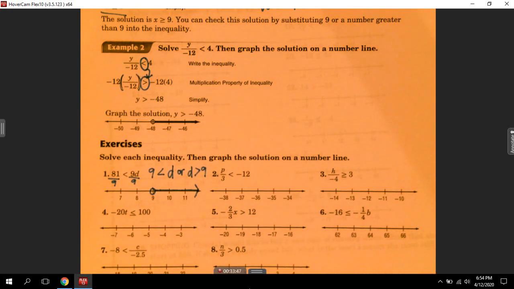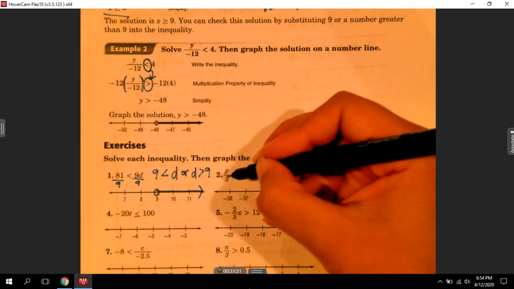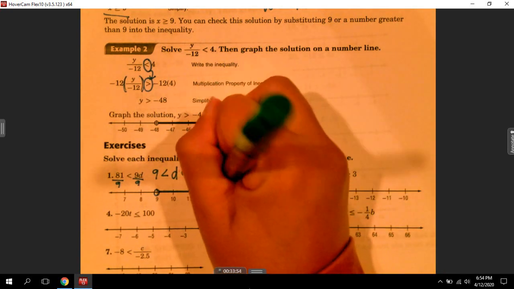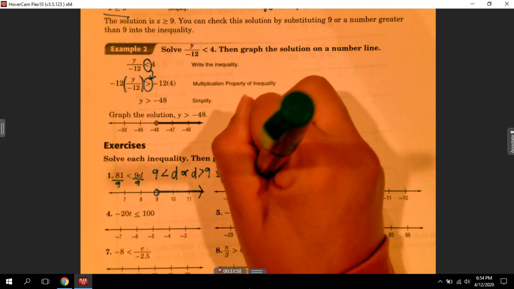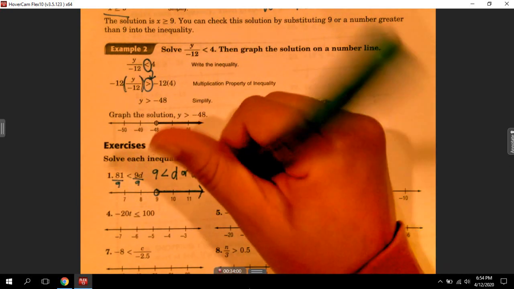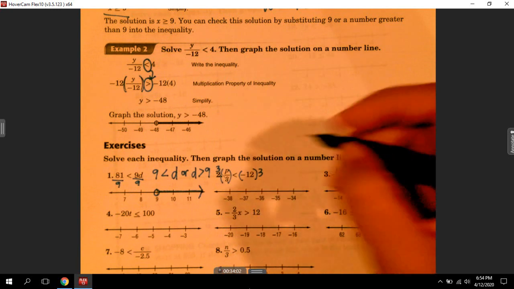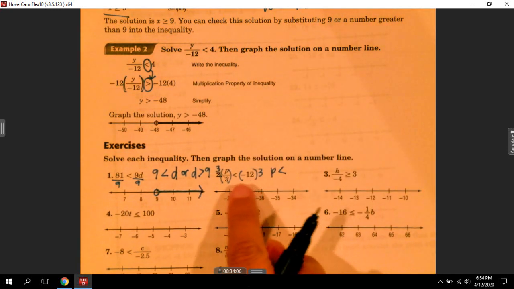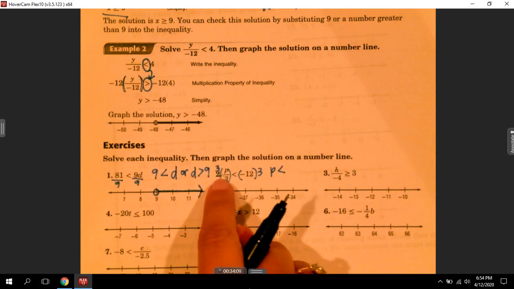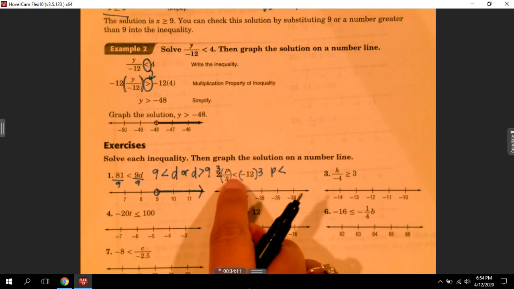All right, number 2, P divided by 3 is less than negative 12. So to solve for P, it's division, so I'm going to be multiplying. So I'm multiplying both sides by 3. So then you're left with P is less than, okay, I multiplied by a positive number, so remember this stays the same.